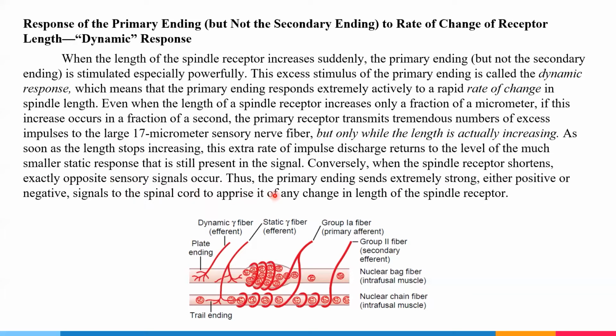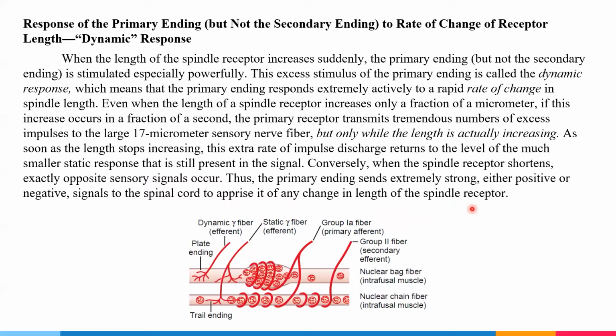Thus, the primary ending sends extremely strong, either positive or negative signals to the spinal cord to apprise it of any change in length of the spindle receptor.